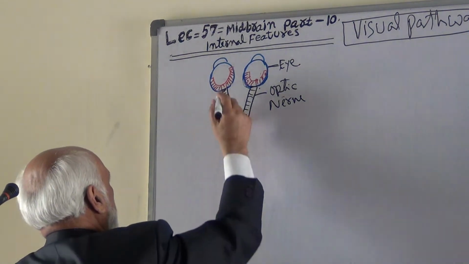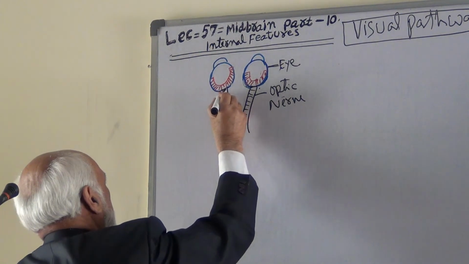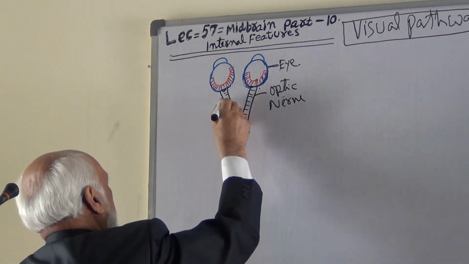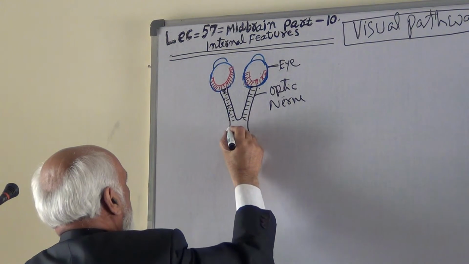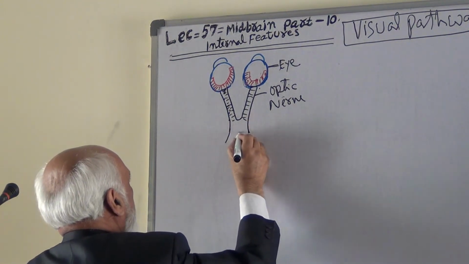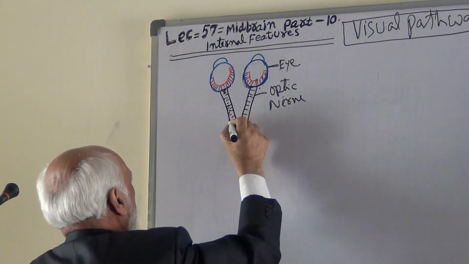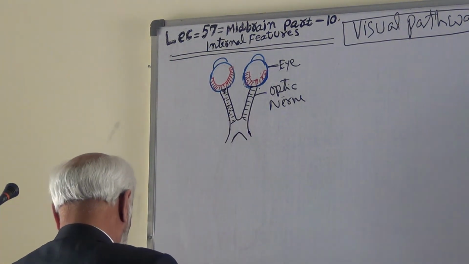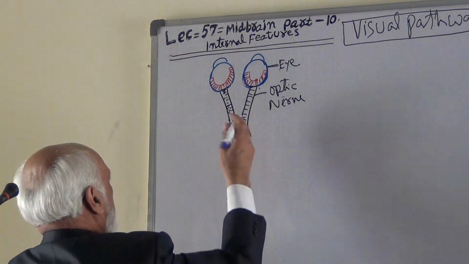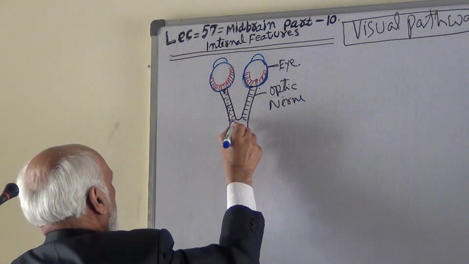The temporal fibers run on the same side, but the nasal fibers decussate. This is the optic chiasma.